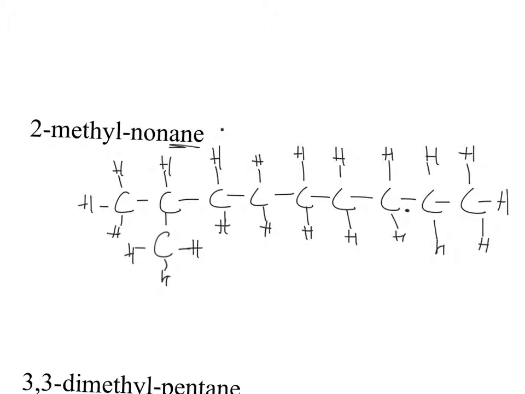Now, next you had to do your line drawing. So first you hopefully drew your 9 carbons, like so. Then you're going to draw in your functional group. And you know your functional group is a methyl, which is only 1 carbon, and it comes off the second carbon in our chain. So your line drawing or skeletal drawing just looks like this. Depending on how you feel about the skeletal drawings, you might find them incredibly easy compared to the structural diagrams. You don't have to draw all those hydrogens.